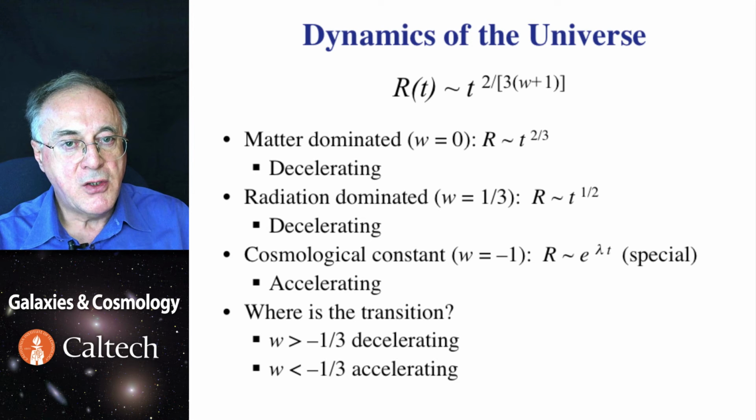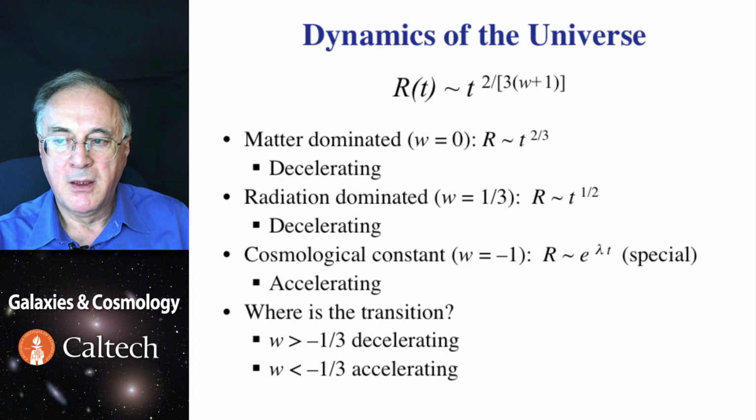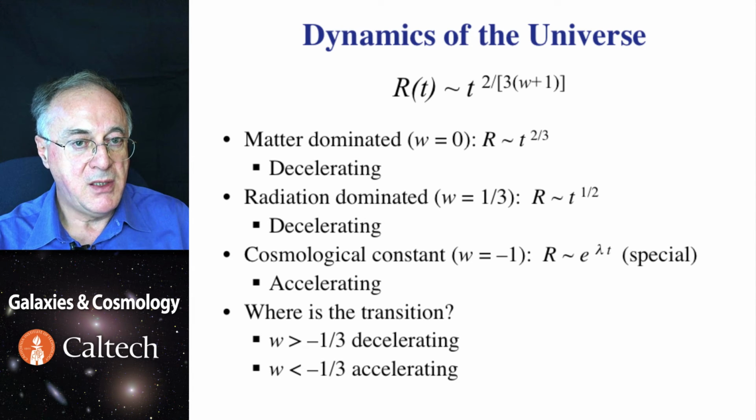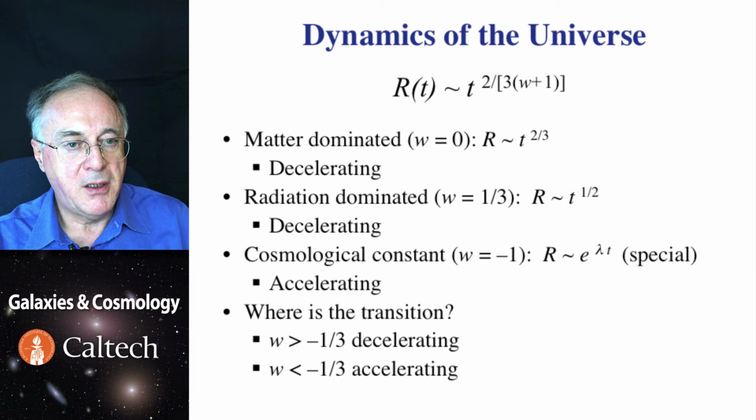In the case of a radiation-dominated universe, the expansion will be according to time to the 1/2 power, and the universe will be decelerating. Again, since matter and energy are equivalent, energy in the form of radiation exerts gravitational pull, so it slows down the expansion.